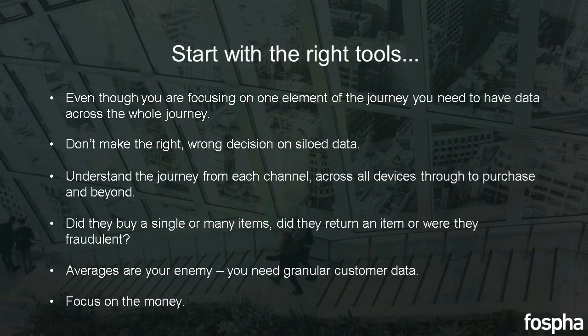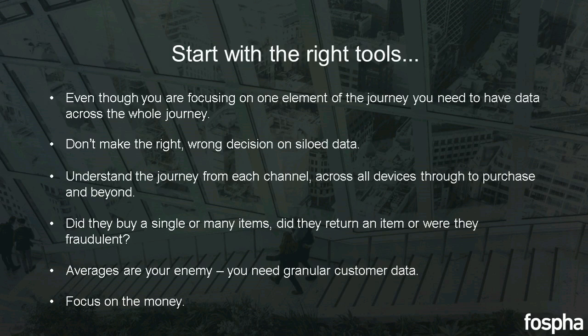And that's not trivial. So what we find is for form optimization, it's not a one-hit, take a few best practices and do it. You actually need a systematic process. So you need to start with the right tools. A couple of observations we found: the first thing is it's very easy to make the right decision on the wrong data.